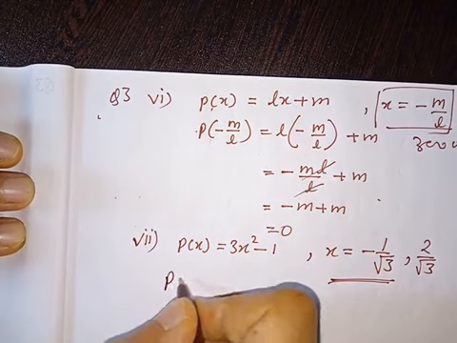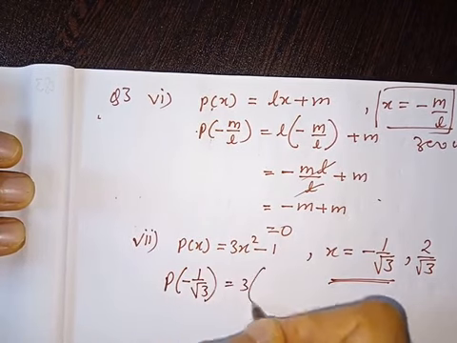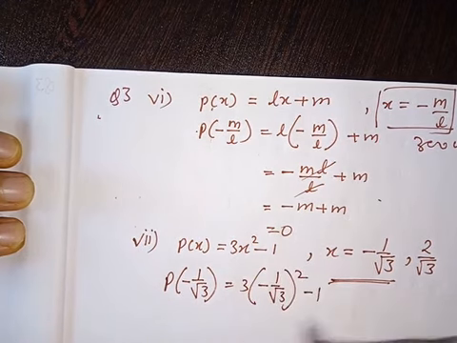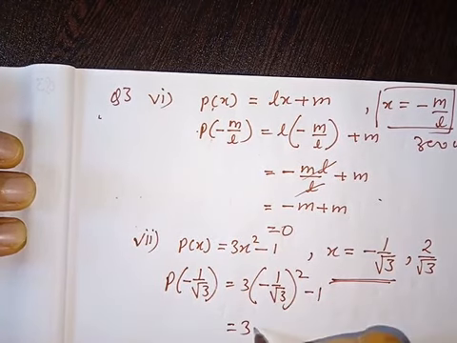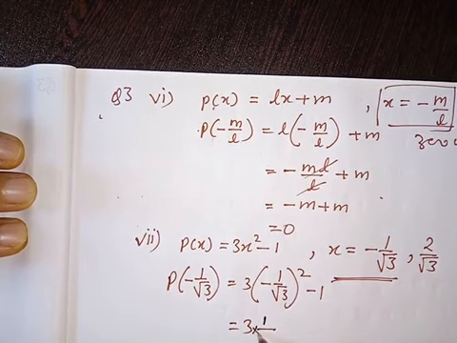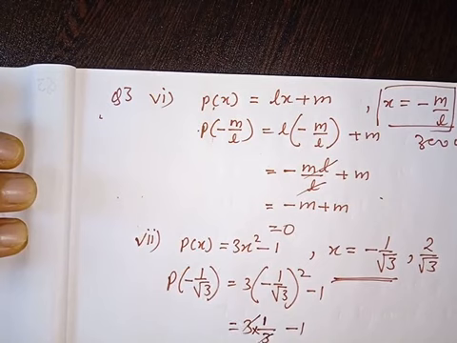So P(minus 1 upon root 3) is equal to 3 times (minus 1 upon root 3) whole square minus 1. Now the square of minus is plus, so it becomes positive. The square of 1 is 1, whereas the square of root 3 is 3. Now 3 gets cancelled, so 1 minus 1 equals 0.